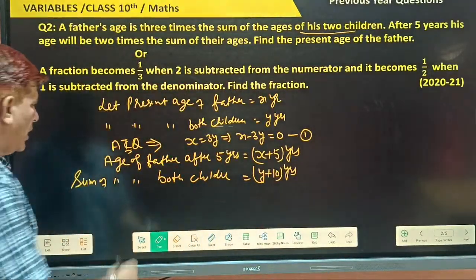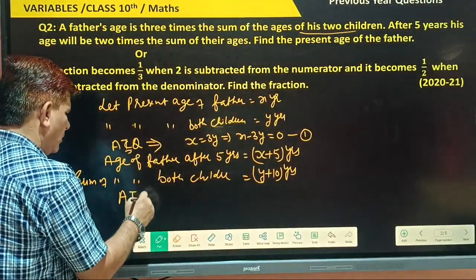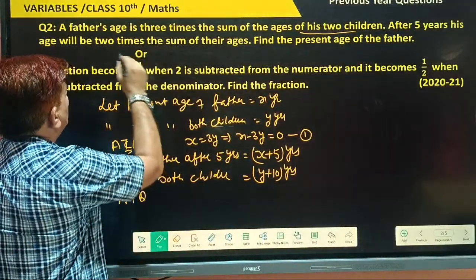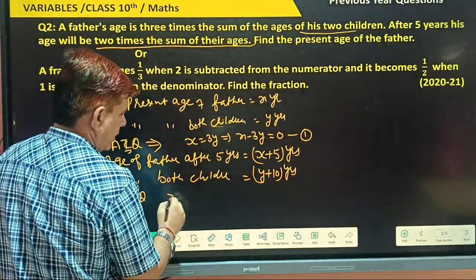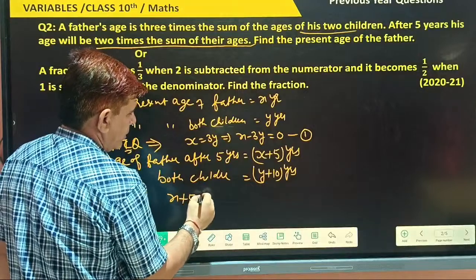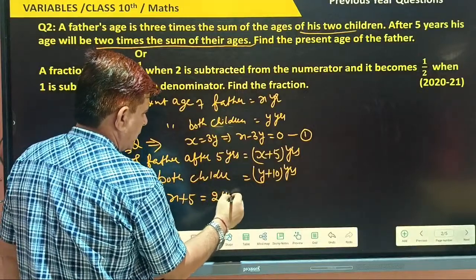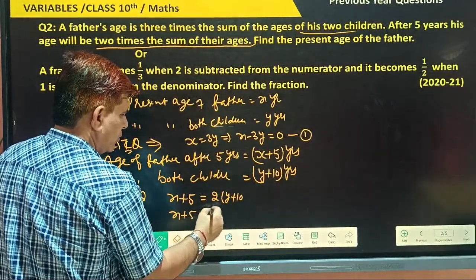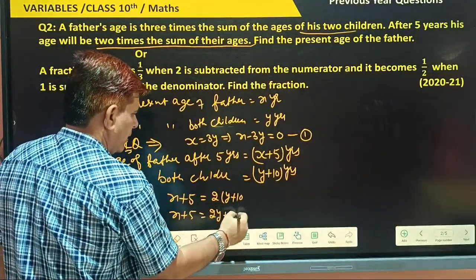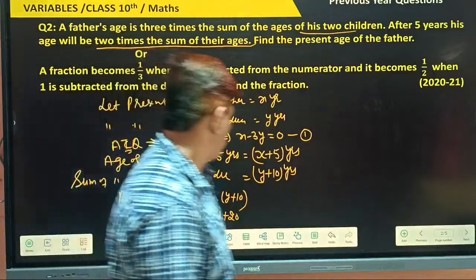Condition again according to the question. What does it say? 2 times the sum of their ages. So it means x plus 5 is equal to twice of y plus 10. So x plus 5 is equal to 2y plus 20. Understood?